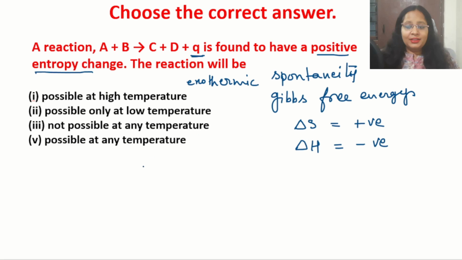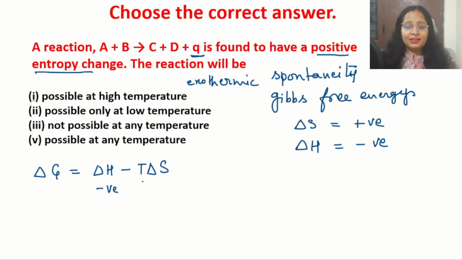Now, the formula for Gibbs free energy is delta G is equal to delta H minus T delta S. In this case, we can see easily that delta H is negative here. Now T is the temperature, which is always positive. T, temperature in Kelvin, is always taken positive.